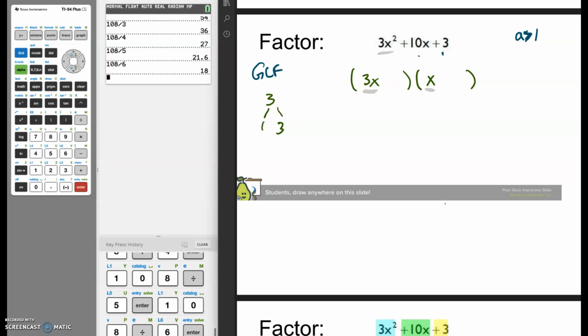Now in this problem, 3 is our last number. And we kind of think to ourselves, we already had this thought, the only numbers that multiply to 3 are 3 and 1. So these are the numbers that we kind of have to check to see which gives us the proper term in the middle. We're looking for 10x.